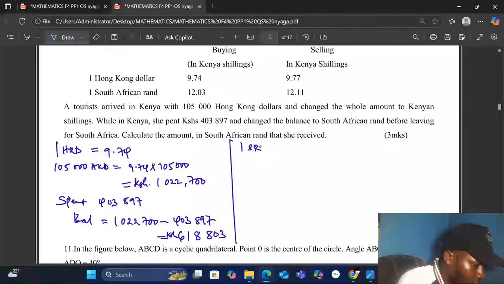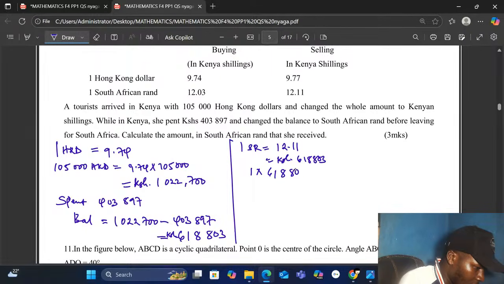and we know that 12.803. We now convert, we cross multiply, so that we have 1 times 618,803, then we divide by 12.11.